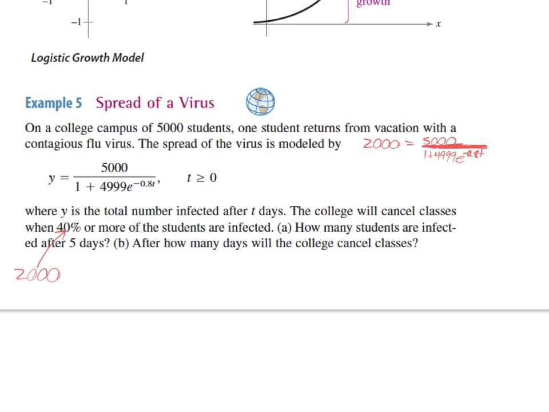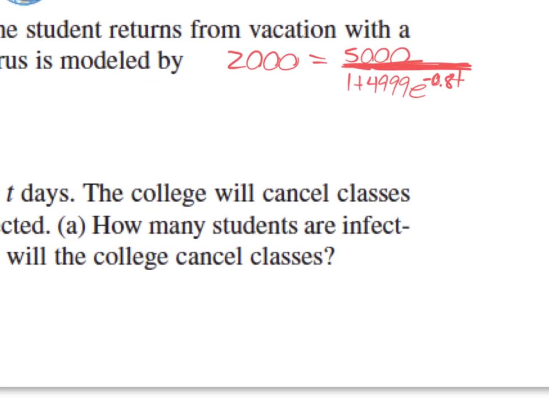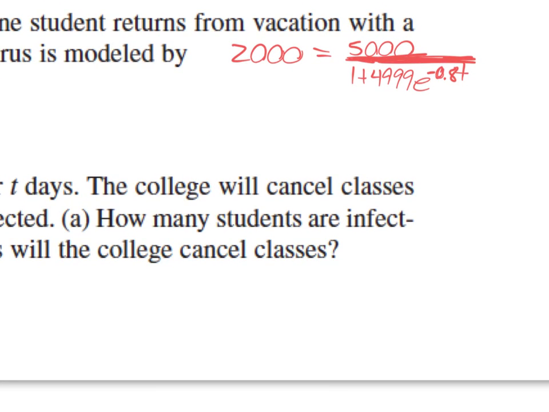Now we do need to solve for t, to figure out what time will give us 2,000. Let's do this algebraically, and I want to show you a little tip for solving these. We've got 5,000 over that. So first I'm going to multiply by 1 over 5,000, which makes my numerator 1.